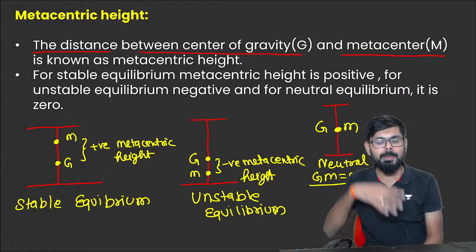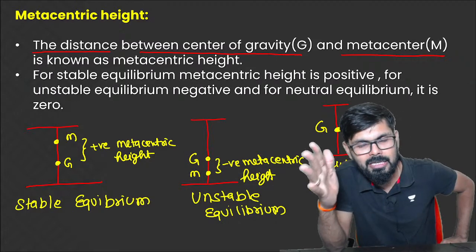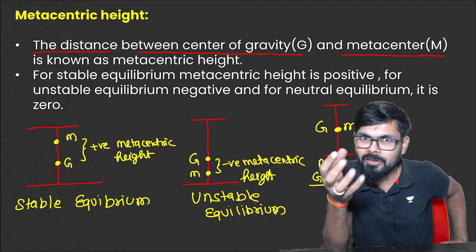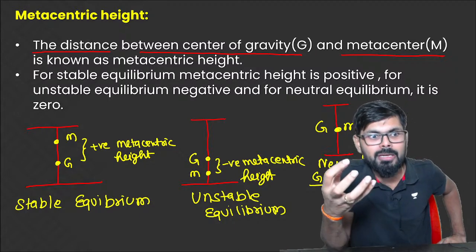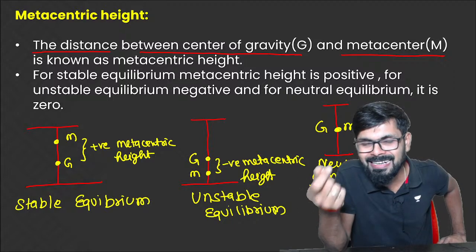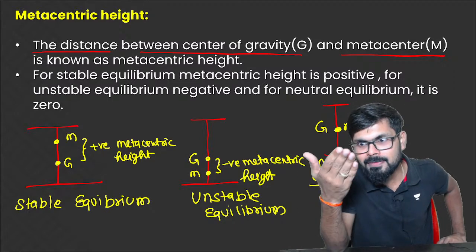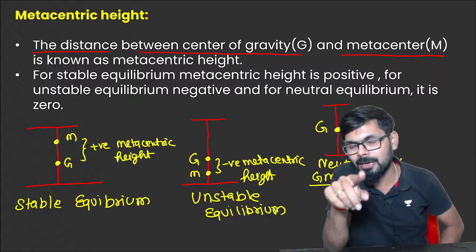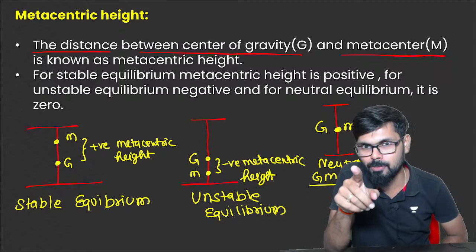Clear? So in this video we studied two things: the condition of stability for a submerged body and the condition of stability for a floating body. So what is the condition? Very simple. If the center of gravity is below the center of buoyancy, then it is stable equilibrium for a fully submerged body.